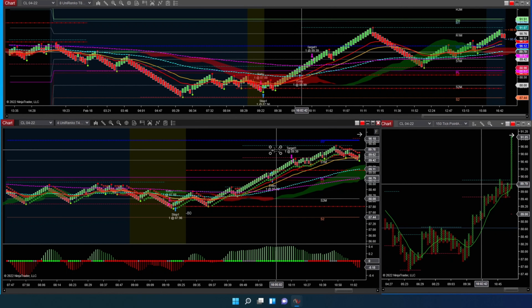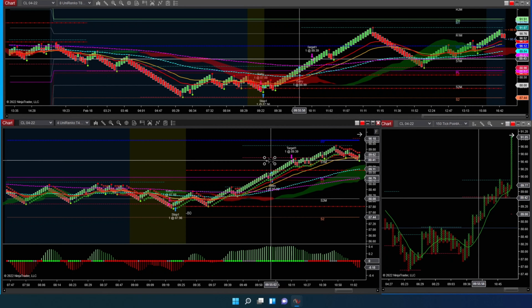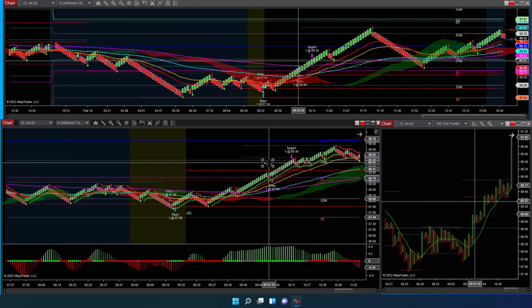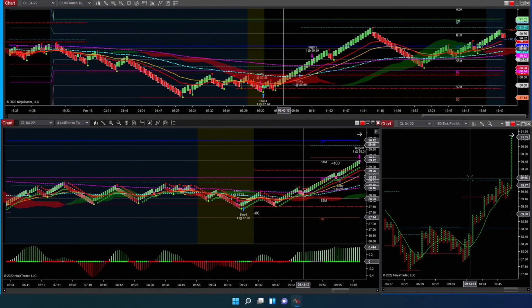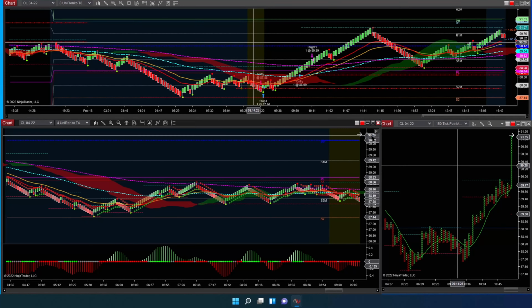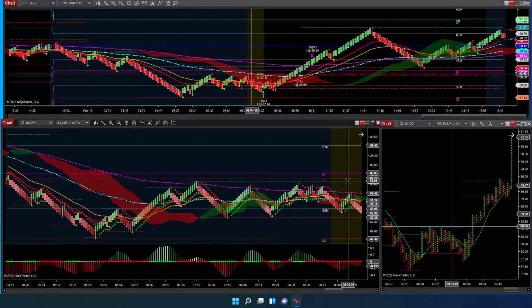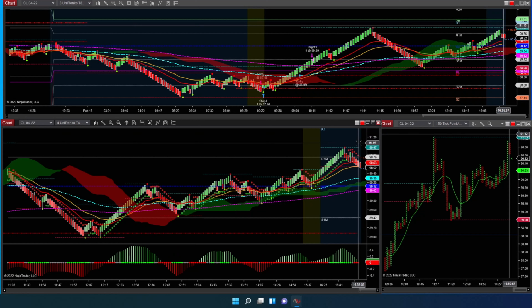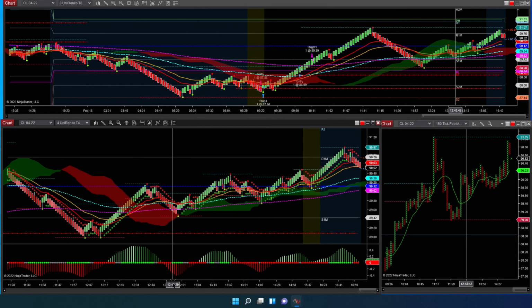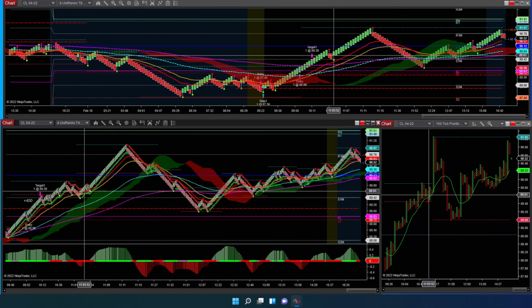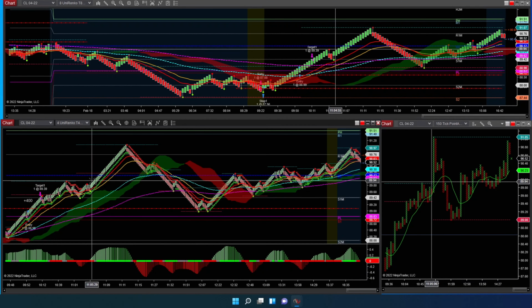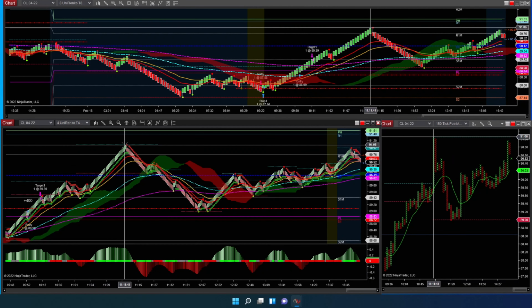Okay, so those are all the trades I made. So $400 right there. And then in the afternoon, market really took off. So at 11, it made that move to the upside.